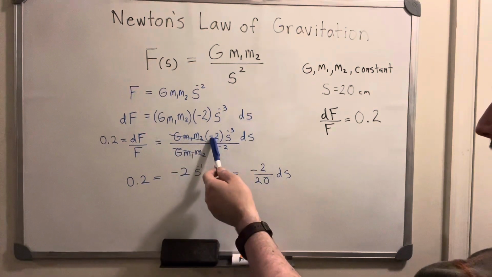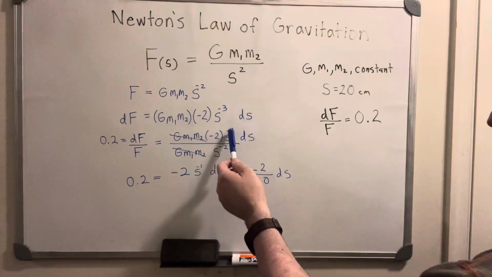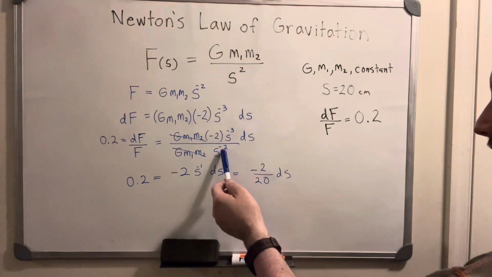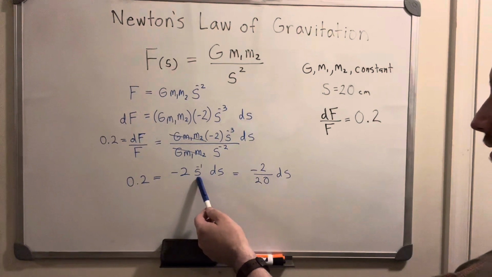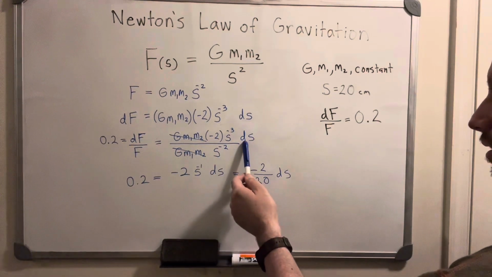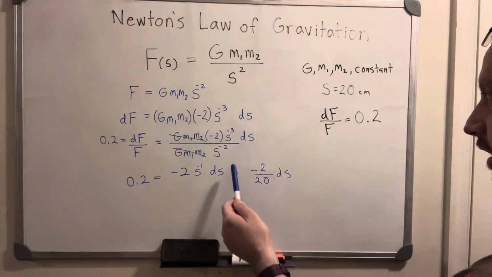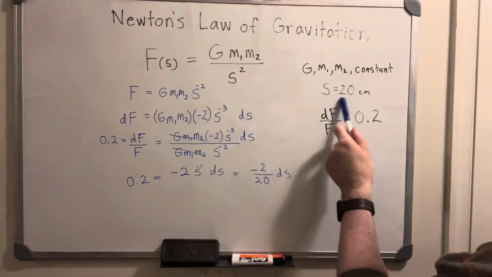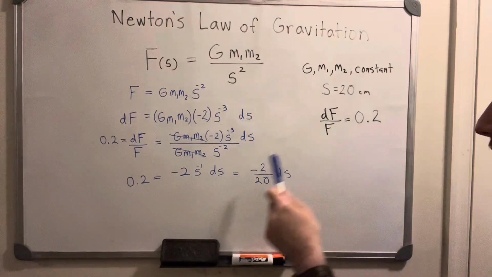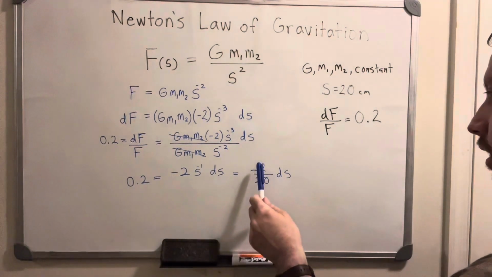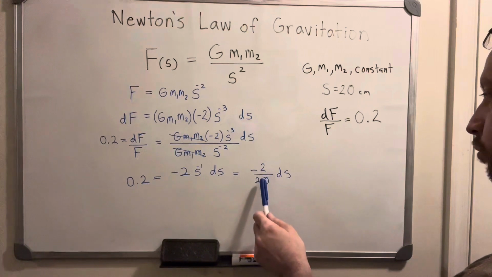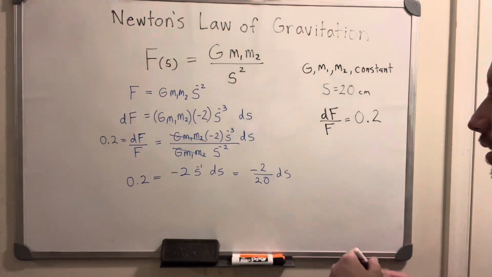We've got the minus 2, s to the minus 3rd divided by s to the minus 2nd is s to the minus 1st. So now we've got ds right here. And remember, we know the value of s is 20. So we're saying 0.2 equals minus 2 divided by 20 times ds. Solve for ds, see what you get.